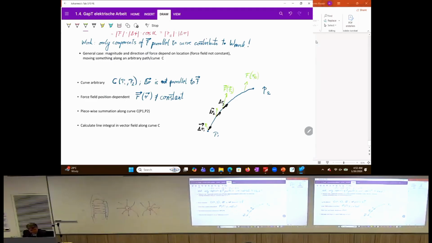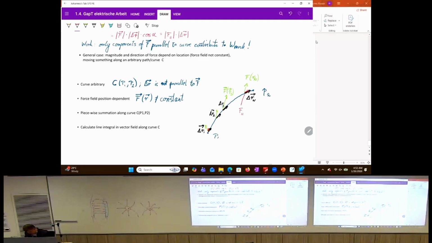So this is r sub n, and then each time you have to see what the parallel component of the force vector to delta r is. So this is F parallel for r sub n.